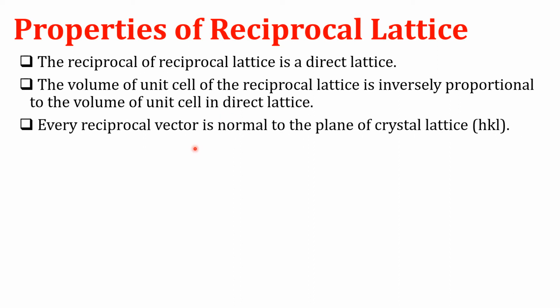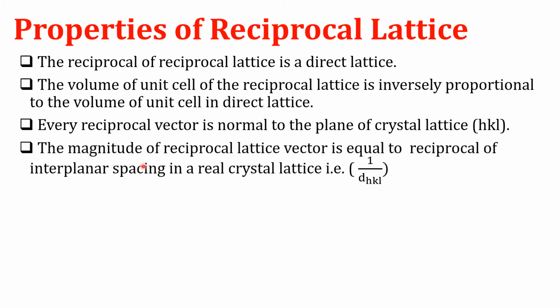Next, every reciprocal vector is normal to the plane of crystal lattice. That is, reciprocal lattice vector D star HKL dot any direct vector in a given plane, that is vector C, and dot product of the two vector is always 0. That term we prove under this property.